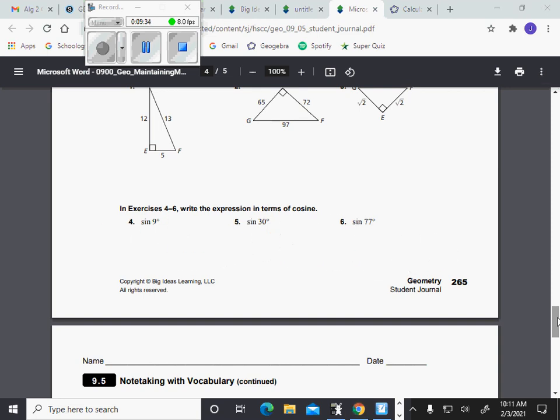All we're doing is taking 90 minus what they have for degrees. So what's 90 minus 30? Cosine of 60. And this one, 90 minus 77, it's the cosine of 13.